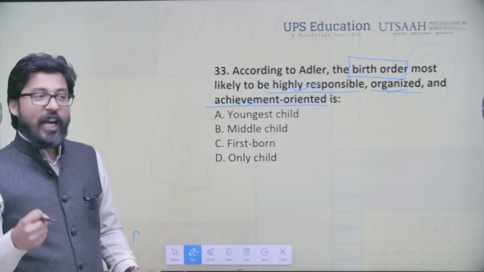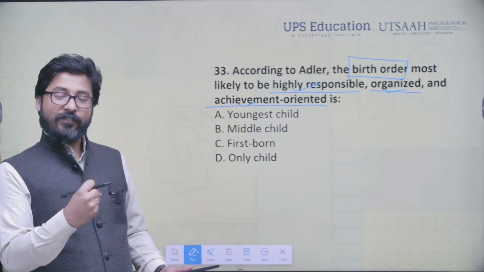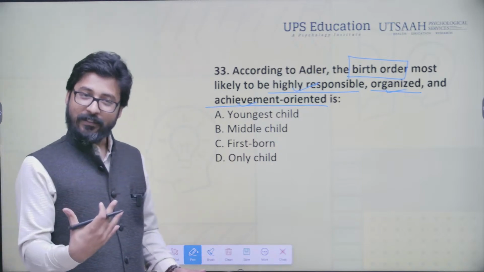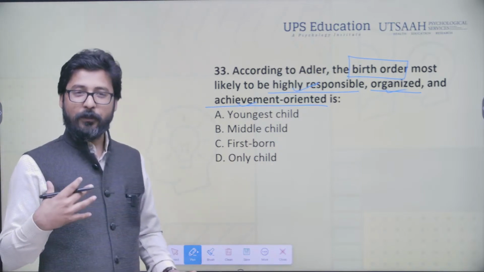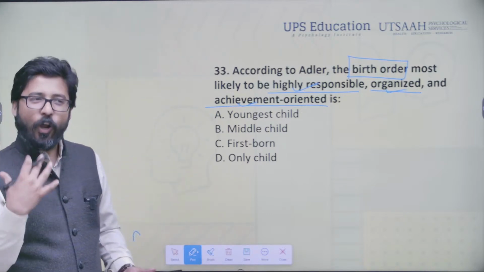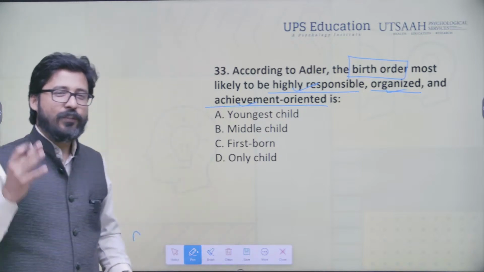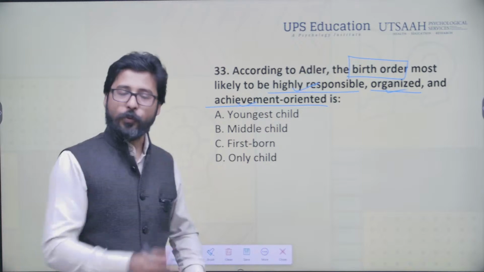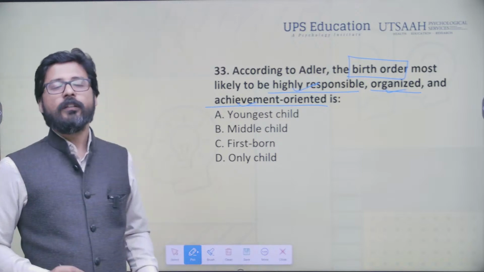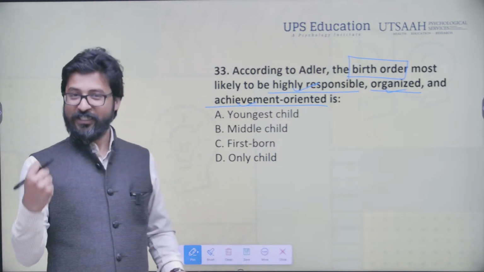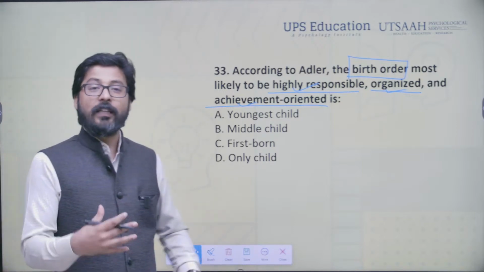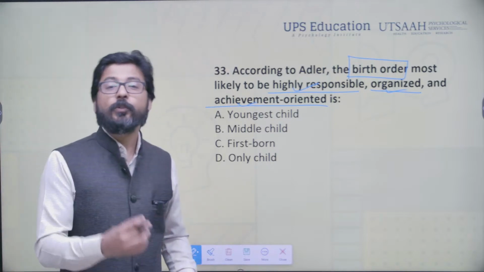The child will develop characteristics like being controlling, trying to control others, so there will be a high level of anxiety in adulthood. They will develop a controlling personality, and they feel pressure to succeed. They always have that kind of stress and pressure to succeed in whatever they want to do. So the firstborn child has a few qualities: responsible, organized, leader-like, but there is a risk of being anxious, a risk of being controlling, and they feel pressure to succeed.